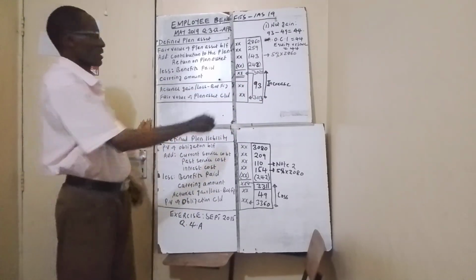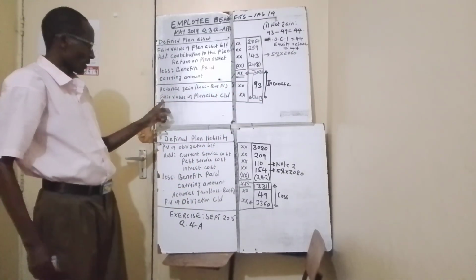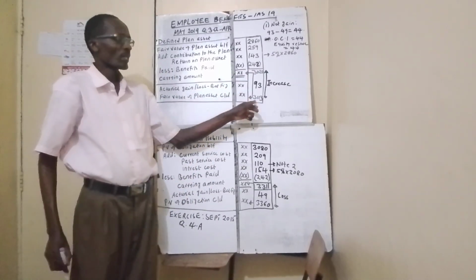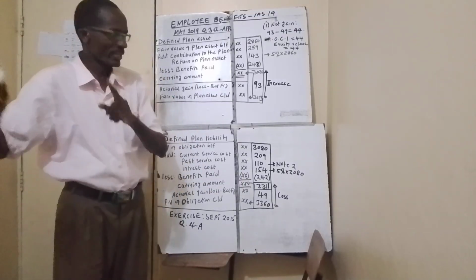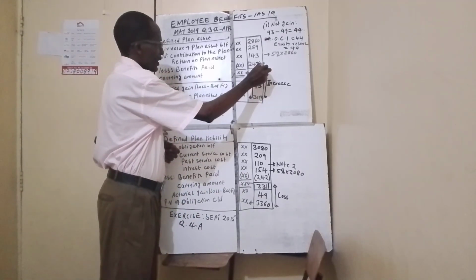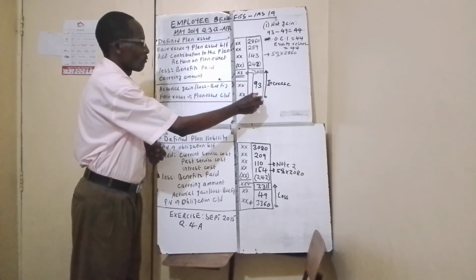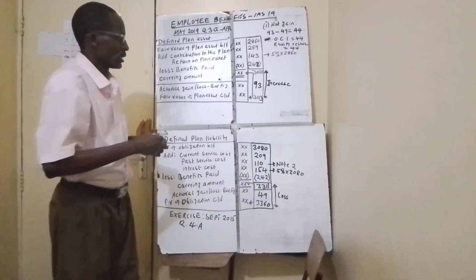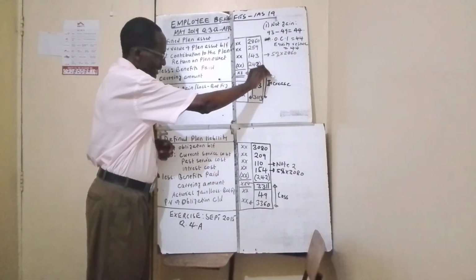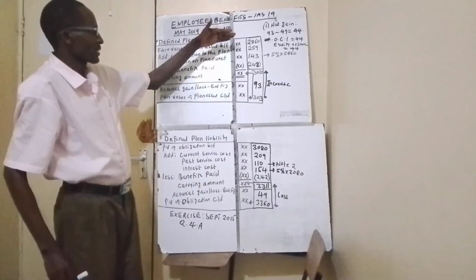Having calculated your carrying amount, you have been provided with the fair value of plan assets by the end. So what you do is compare this carrying amount, which you have calculated, with the fair value of plan assets by the end. If it is an increase, remember this is a defined plan asset.